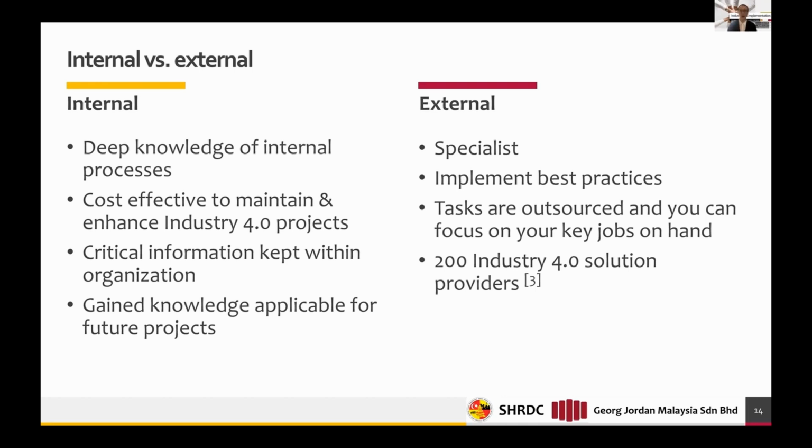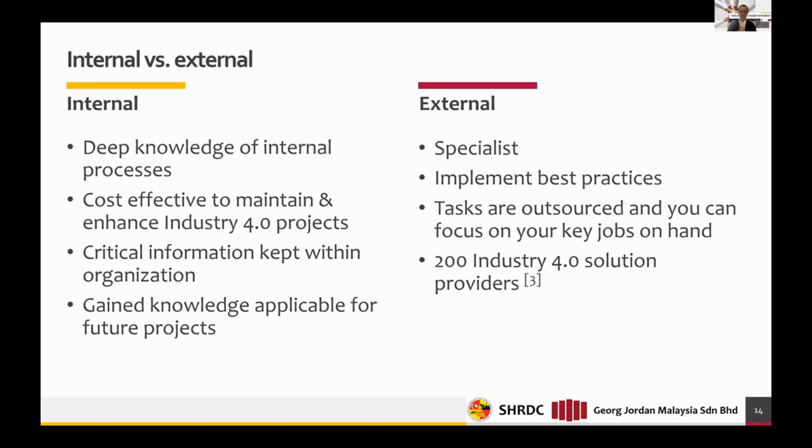Which way should we go? Should we rely on our internal staff or should we go for external solution providers? Let us merge it together. The project initiating and planning phase should be done with our internal key personnel.